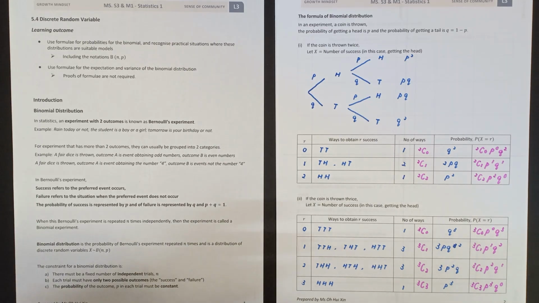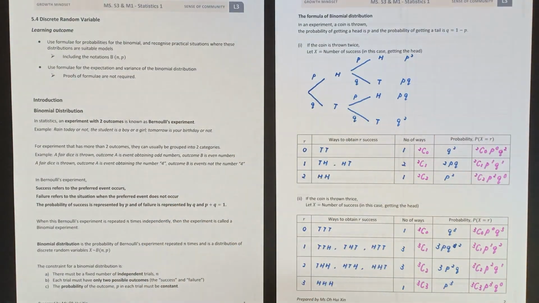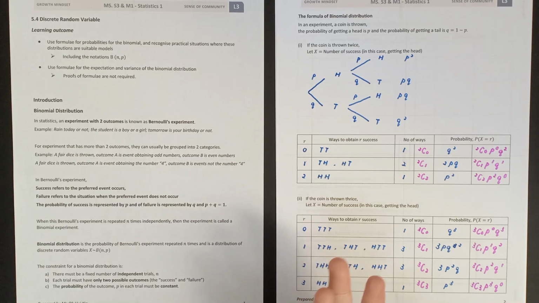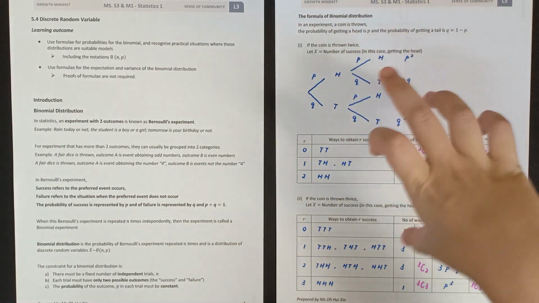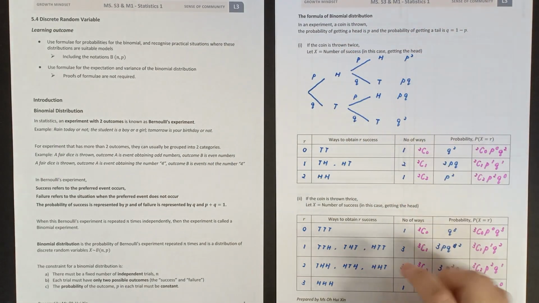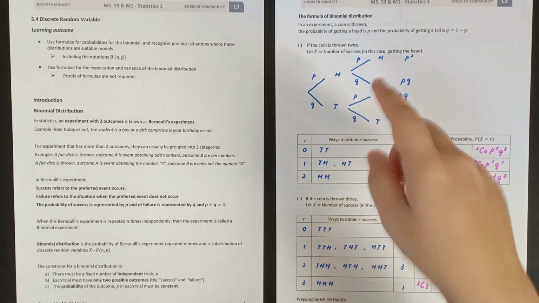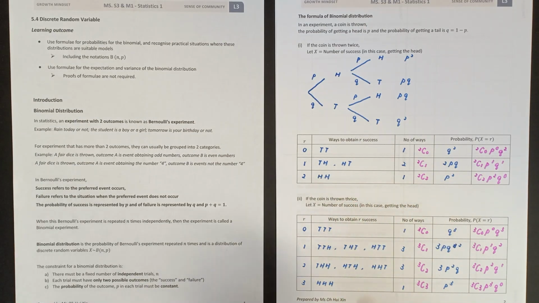Now we try to come up with the formula, or we try to do it once again. So why is the binomial distribution helpful? This is basically what we have learned previously about independent events. Let's say I continue with this: this is 2 times, this is 3 times. If I want to continue this for 10 times, are you going to draw out the tree diagram and count the ways of success one by one?